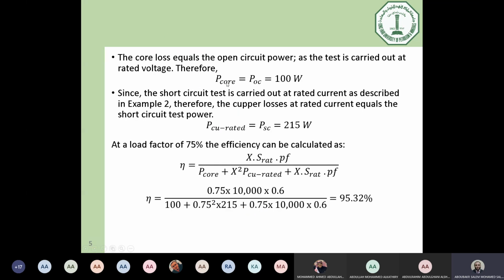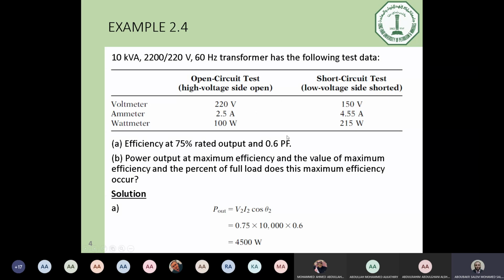For the core, we agreed before that core losses are independent of the load. From the data of the open circuit and short circuit tests, if we make the open circuit test at rated volt, this power is considered as the core loss. So we know the value of core loss here.